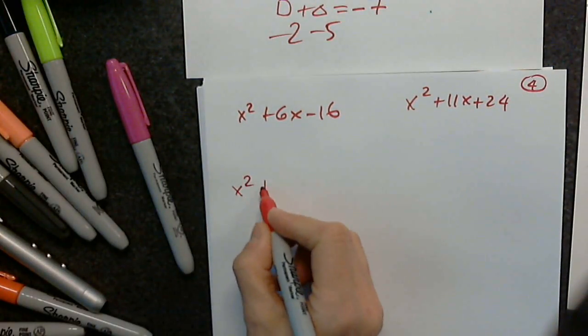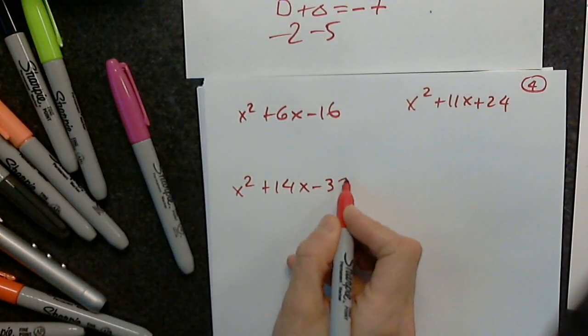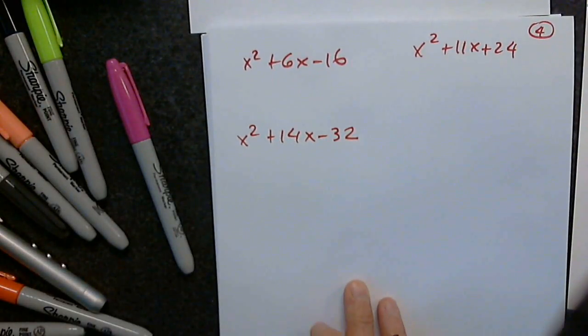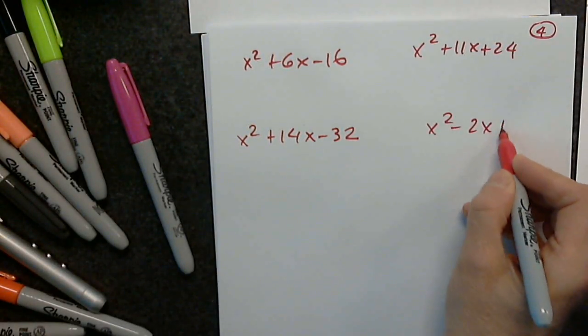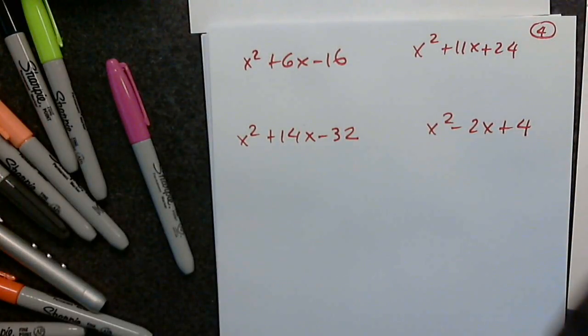And also x squared plus 14x minus 32. Please go through the entire strategy because it makes your life easier.